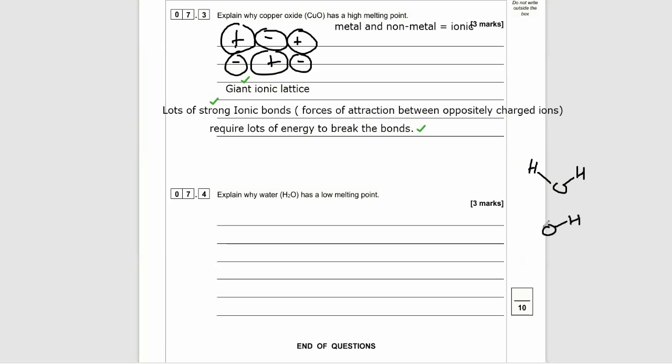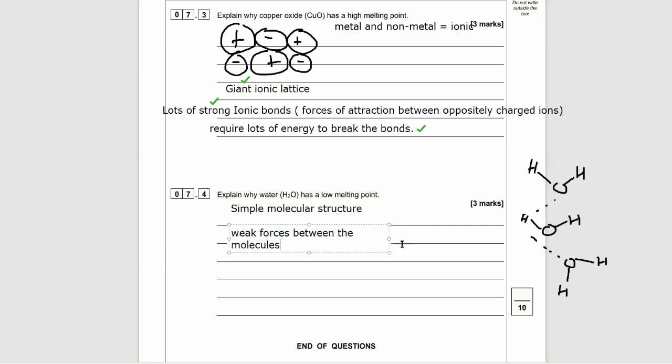Now, simple molecules over here, like water, they have low melting points. So anytime they ask you why this has a low melting point, why this is a gas, or why this is a liquid at room temperature, all of that is the same answer. It means it's a simple covalent molecule. Now, covalent molecules have very strong bonds, but don't use the word bonds in this answer. Just say it is a simple structure or a small structure. It has weak forces between the molecules, or weak intermolecular forces.